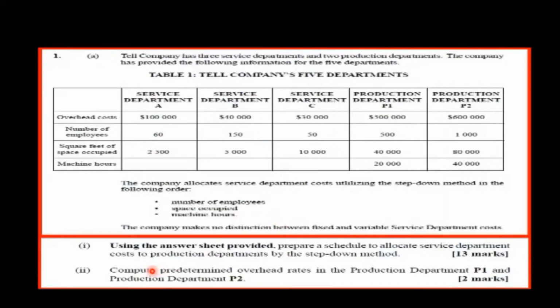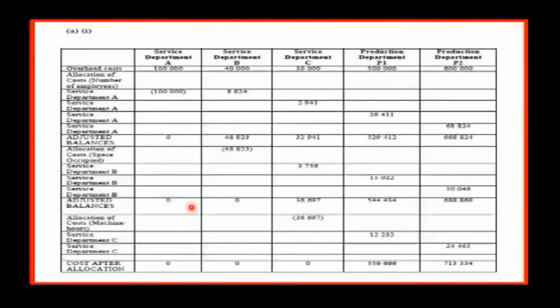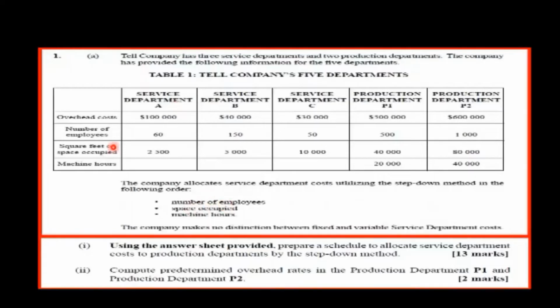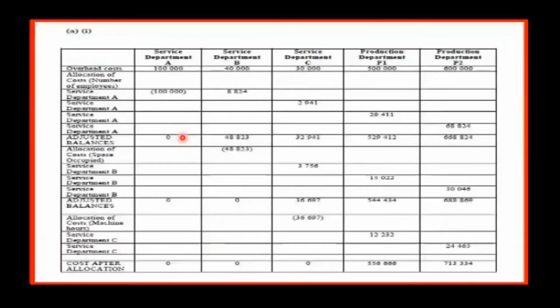In the exam, a sheet was provided to prepare the schedule to allocate it. I have worked it out here already. The number of employees to reallocate the 100,000 first would be here.